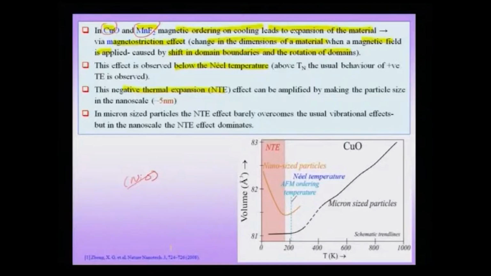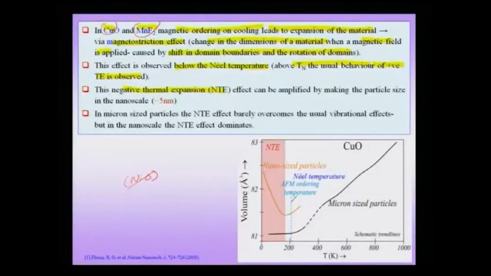Below the Néel temperature the material is antiferromagnetic, and above the Néel temperature the material is paramagnetic. Only above TN, of course, can you see a positive thermal expansion, which means it behaves like a normal material. Therefore, it is essential that I retain the antiferromagnetic state to observe the special negative thermal expansion.